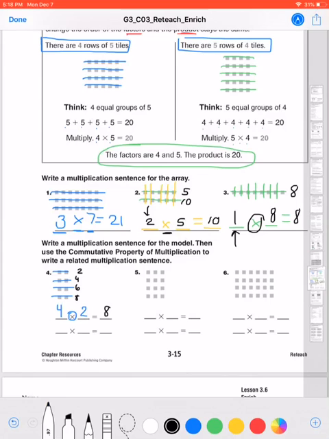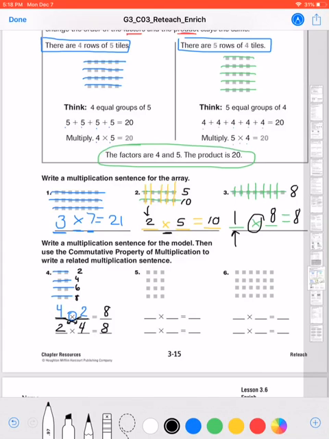Now, if we were to use the commutative property of multiplication, that means that we can switch this number, and it will still equal 8. So we're going to bring this guy down here, and we have 2 times this guy down here, 4, and 2 times 4 still equals 8.